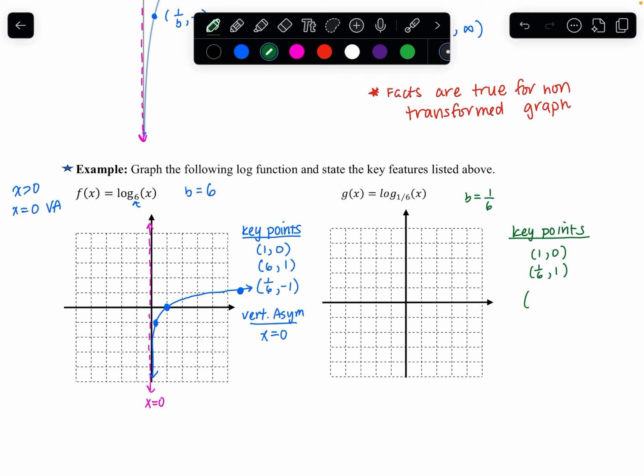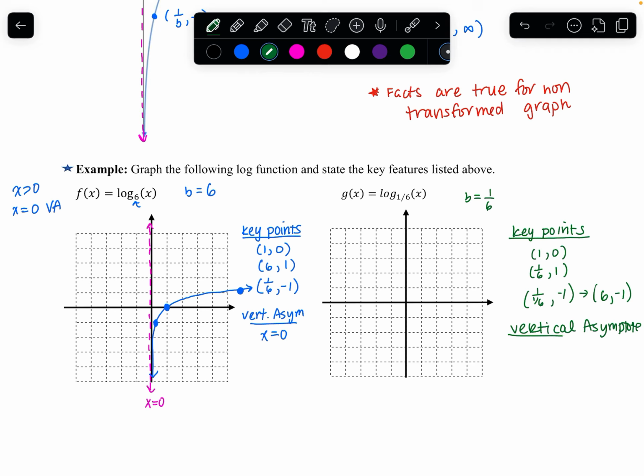For my (1/b, -1), so 1 over 1/6, negative 1, I'm actually going to rewrite that 1 over 1/6 using what I know about division by fractions as 6. Negative 1.